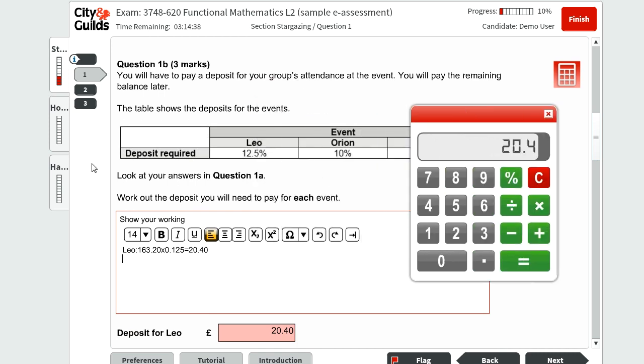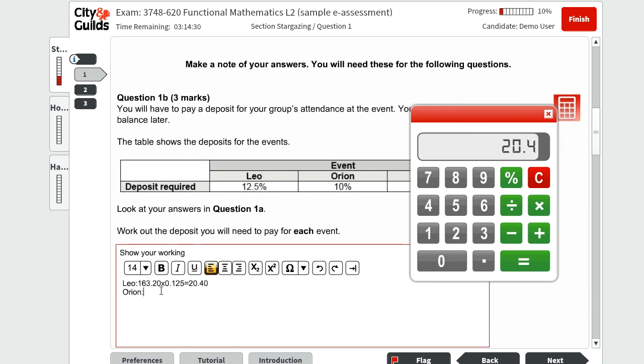Next one, you can move the calculator aside to see your next event is Orion. The cost was 252. This one is the most expensive, and we have a 10% deposit to pay, times 0.1.